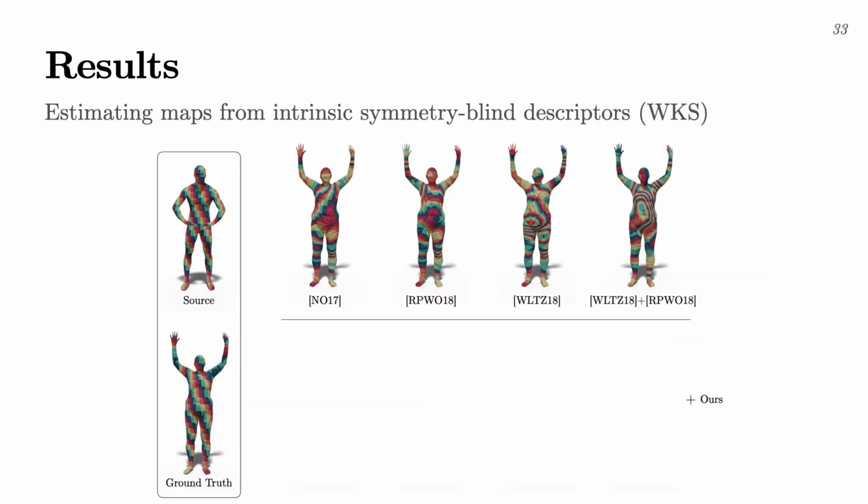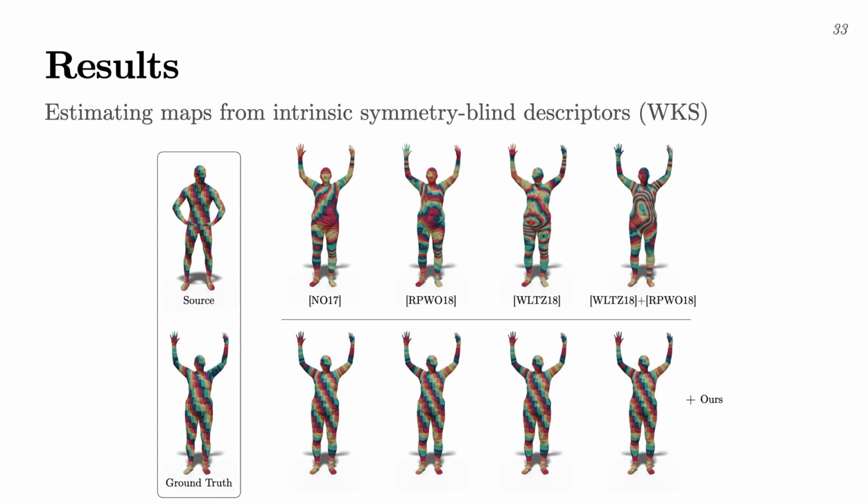As a result, when estimating maps from intrinsic symmetry blind descriptors such as WKS, wave kernel signature descriptors, we get this. So from maps that completely mixed symmetries or yielded bad results, we get maps close to ground truth.